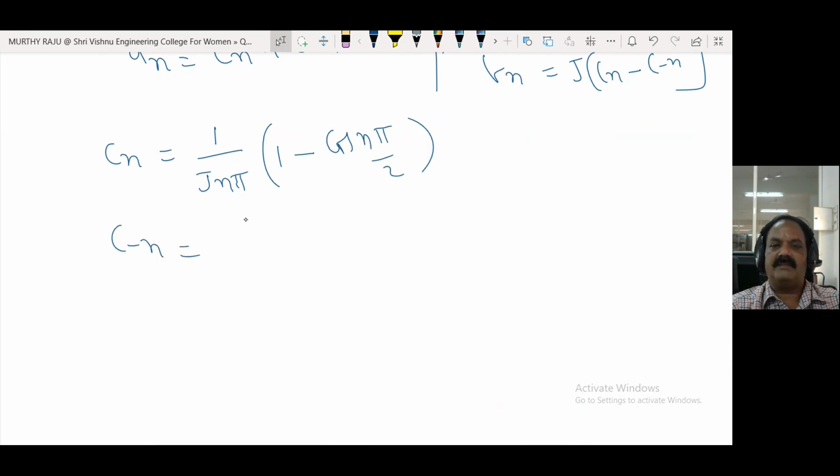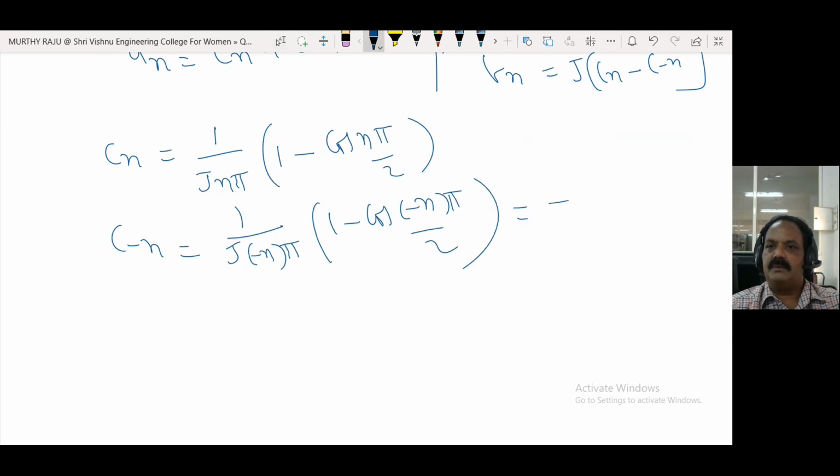C minus n is equal to 1 by j minus n pi into 1 minus cos minus n pi by 2. That is equal to minus 1 by j n pi into 1 minus cos n pi by 2, since cos of minus theta is cos theta.